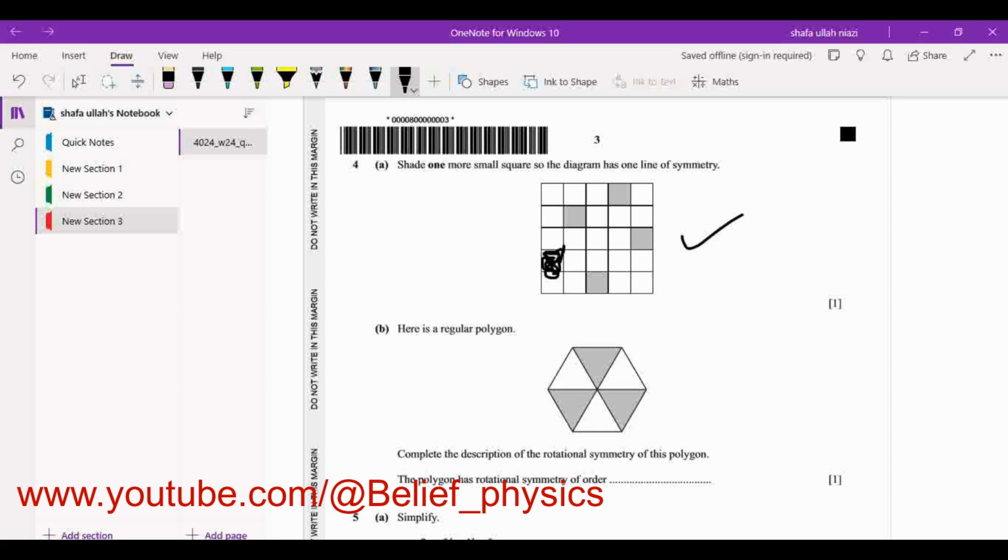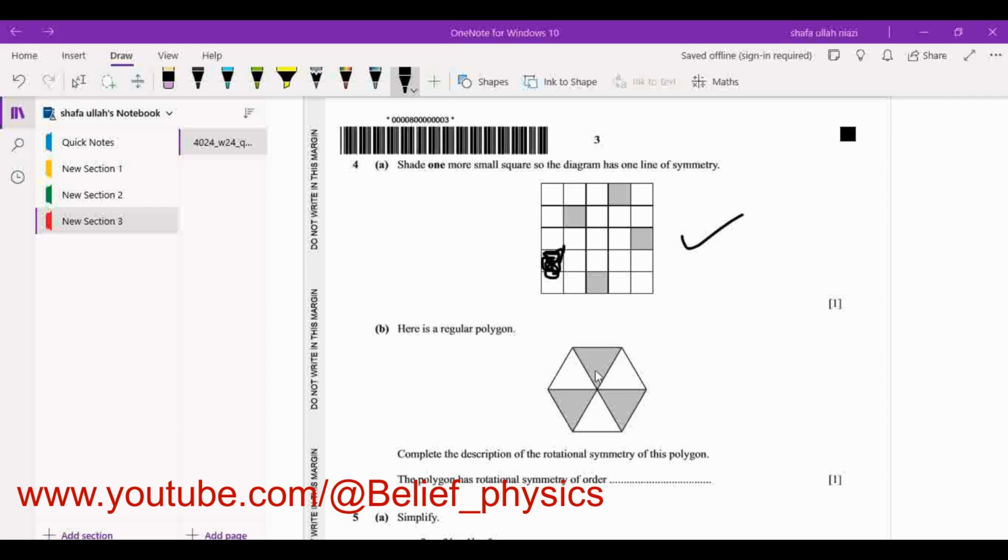Next: here is a regular polygon. Complete the description of the rotational symmetry of the polygon. Counting 1 2 3 4 5 6, this is actually a hexagon.